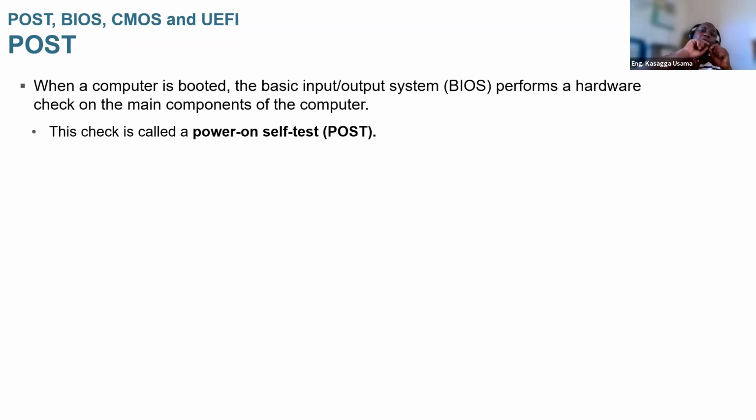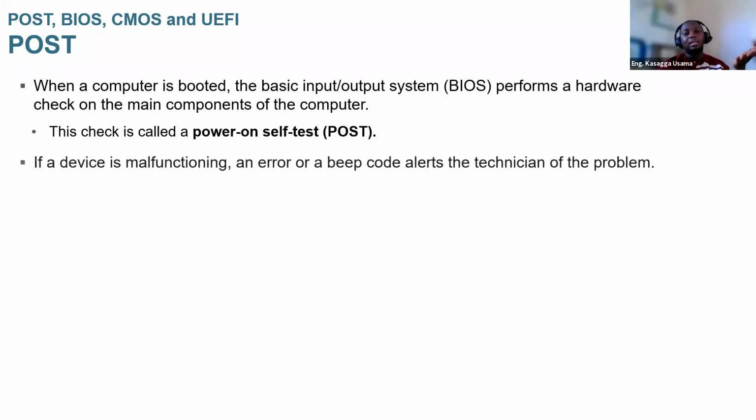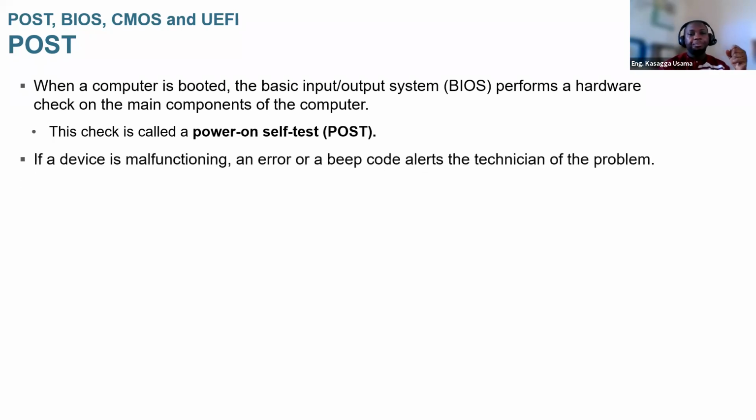If the sound is continuous, maybe your computer system is not functioning, or if you don't receive any sound at all, then your machine is not on. These are all aspects we need to understand when the machine is started. That's why it is called power-on self-test, the testing of the hardware.